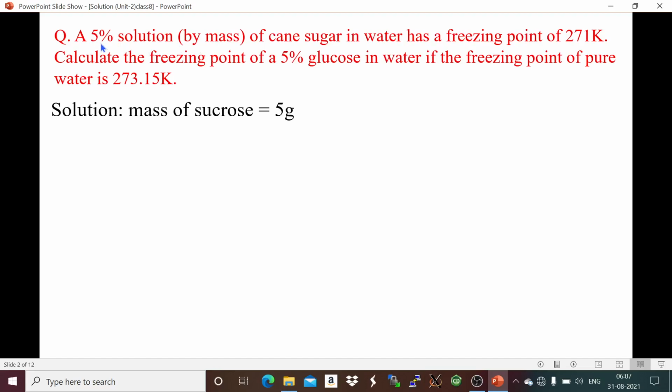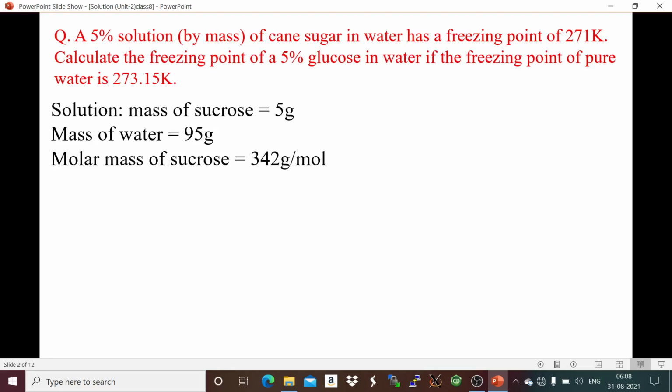So if mass of cane sugar is 5 gram, so solute is 5 gram, then the solution is 100 gram, no? So solvent is 95. So mass of water is 95 gram because solvent plus solute is solution. So solution is 100. So mass of solvent 95 gram.